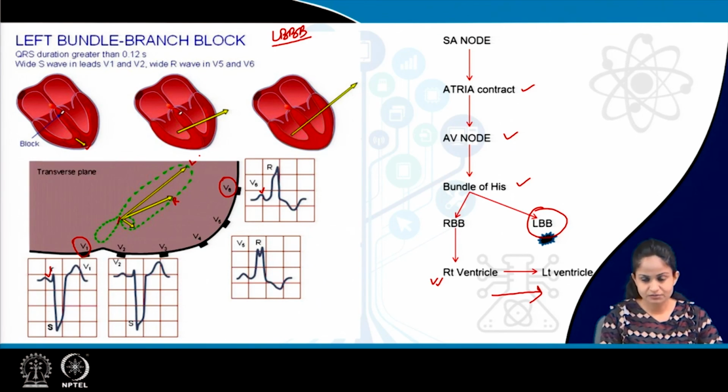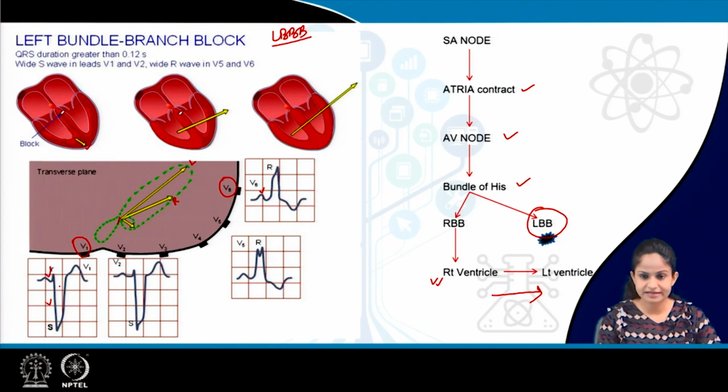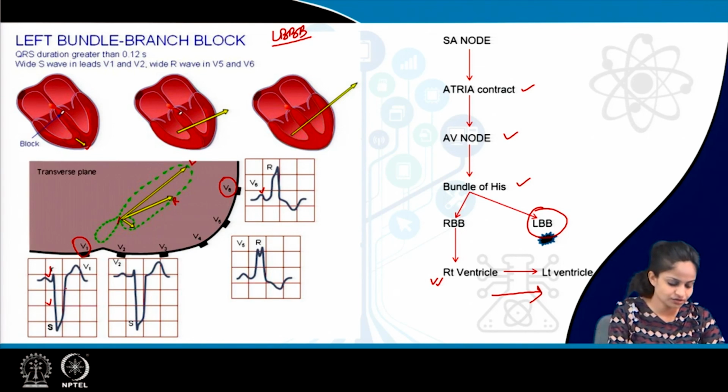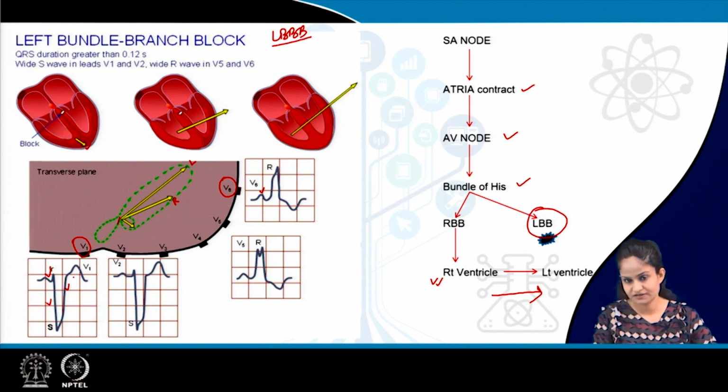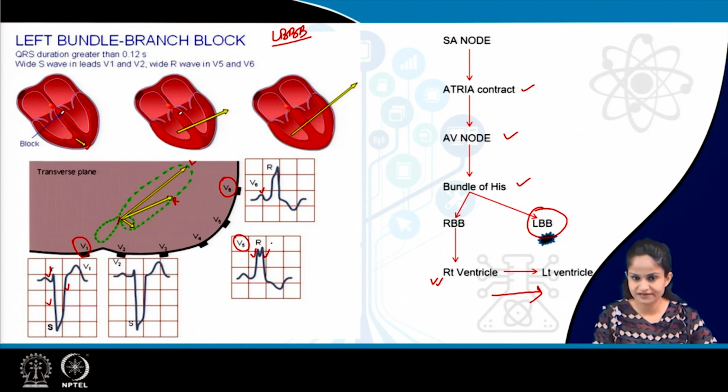So in case of left bundle branch block, right ventricle depolarization is away, so this is the negative deflection, and then left ventricular depolarization is the positive deflection. In V6 this is what there will be; actually V5 is better, because this is the deflection of the right ventricle and this wave is the deflection of the left ventricle.